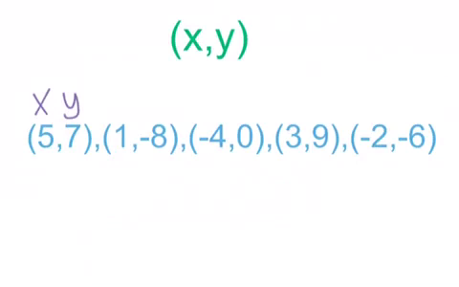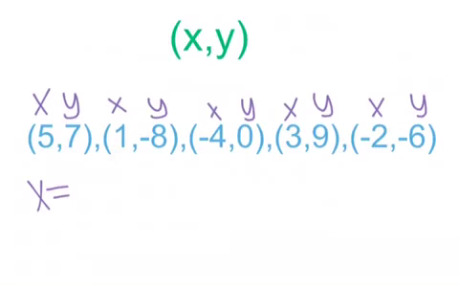Okay, so we have x, y, x, y, x, y, x, and then y. So all of our x values are going to be these little brackets around. Put these brackets around. So we have 5, 1, -4, 3, and 2.